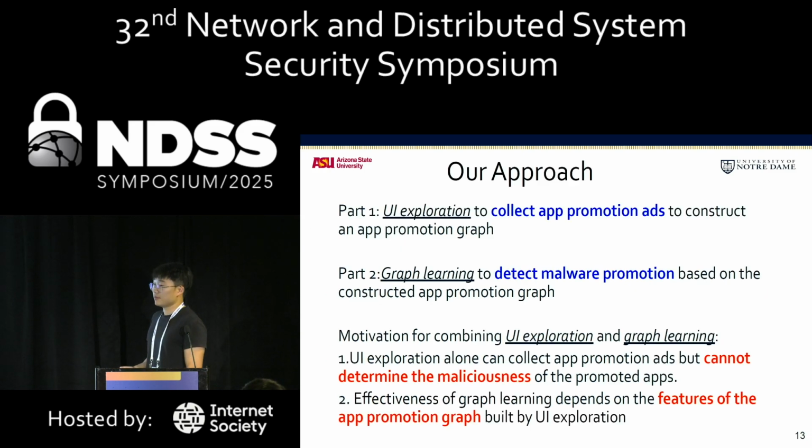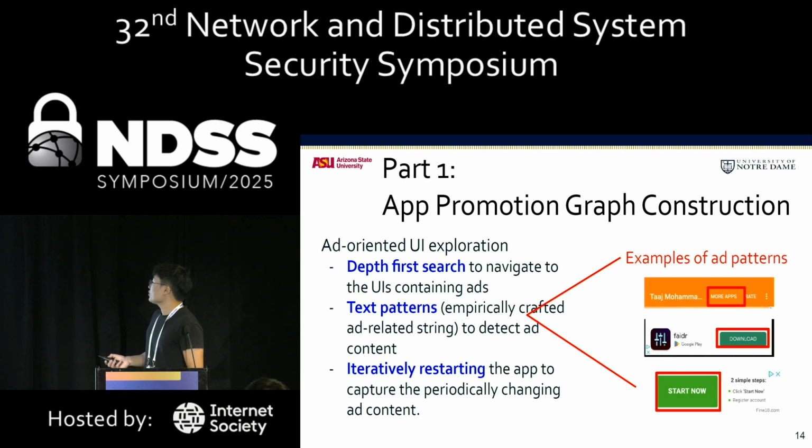In our approach, we use both dynamic UI exploration and graph learning to detect malware promotion. We first use UI exploration to collect ads and construct a graph. In the graph, we apply graph learning to detect malware promotion. For the first part, we develop an ad-oriented UI exploration technique. It has three processes. It first applies a depth-first search to navigate through the UIs containing ads.